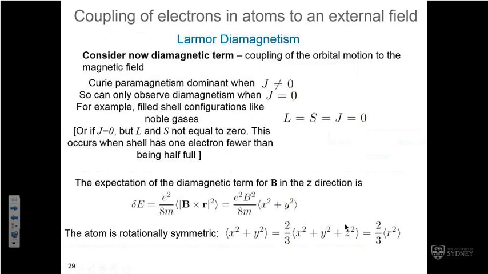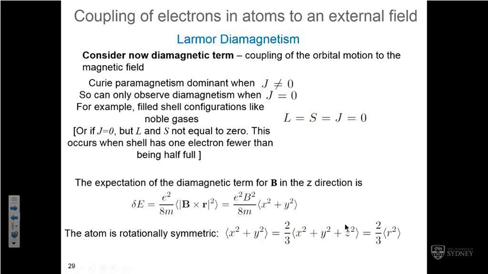Basically, what we do now is we go back to that equation, and we look at the other term, the diamagnetic term. Remember, it was written like this here. This is just from the previous equation, and what is being done is we are breaking this expression down, assuming the magnetic field's in the z direction, and replacing this term with 2/3 r squared, where r is just, we're assuming a spherically rotationally symmetric atom.